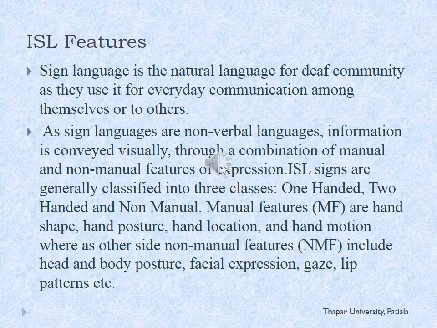ISL is generally classified into three classes: one-handed, two-handed, and non-manual. Manual features are hand shape, hand posture, hand location, and hand motion, while non-manual features include head, body, facial expression, gaze, lip pattern, etc.